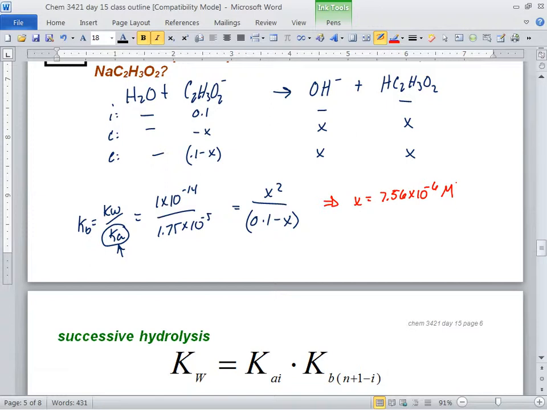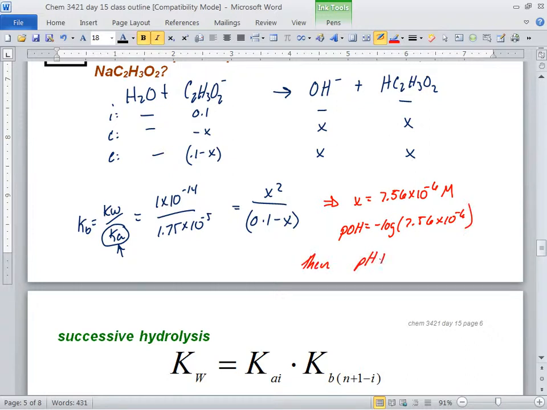Now, x is, do I take the negative log of this and get my answer? Or what's the game plan? x is the hydroxide concentration, right? So the game plan here would be take the negative log of this. That's your pOH. Subtracted from 14, you'll have pH, right? So the game plan here would be find the pOH first. Right?